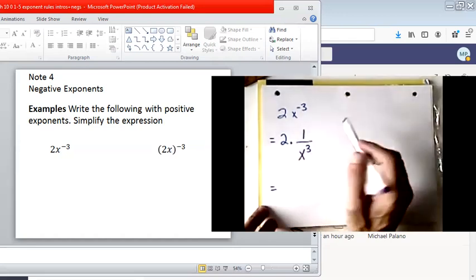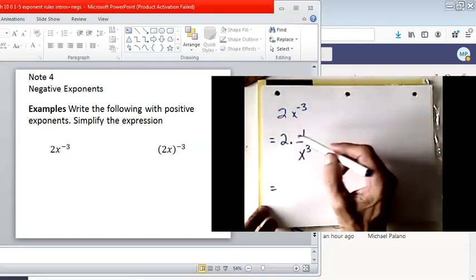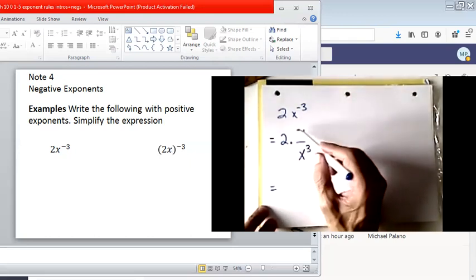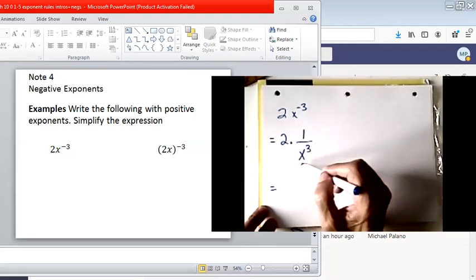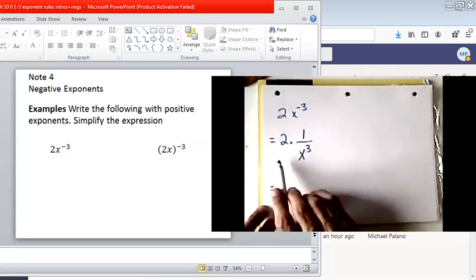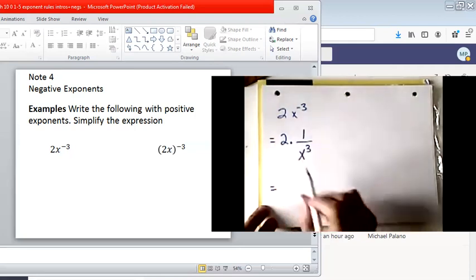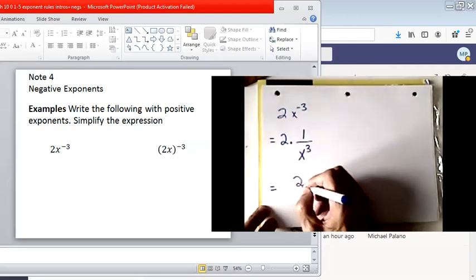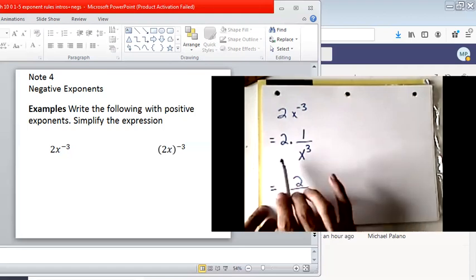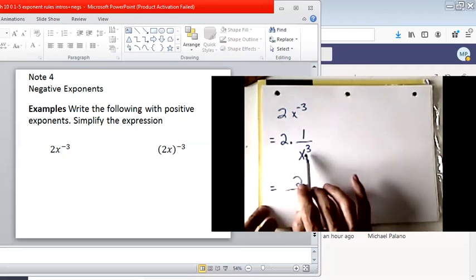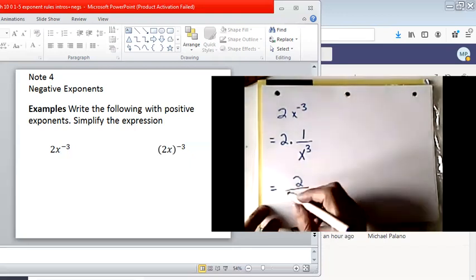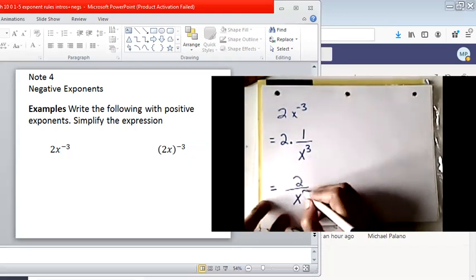As a reminder about multiplying by fractions, it's the top times the top, and then the bottom times the bottom. If there's no bottom, then there's an invisible 1 down there. So for the top, we have 2 times 1, that's just 2. And for the bottom, we've got invisible 1 times x cubed, x to the power of 3 is just that.